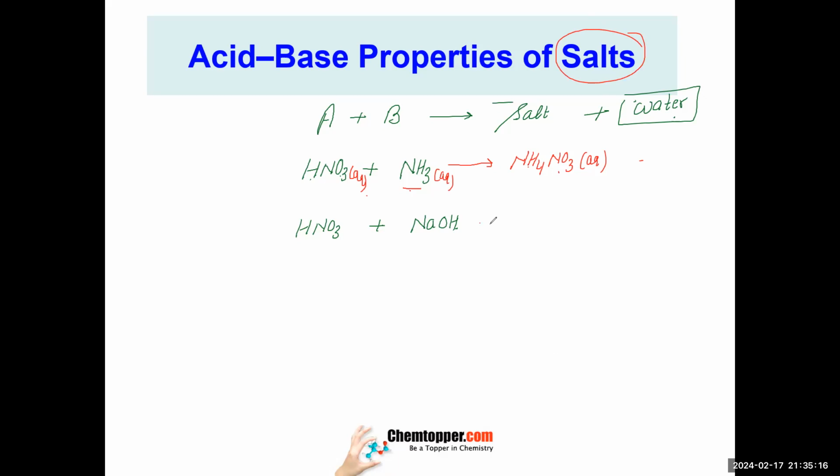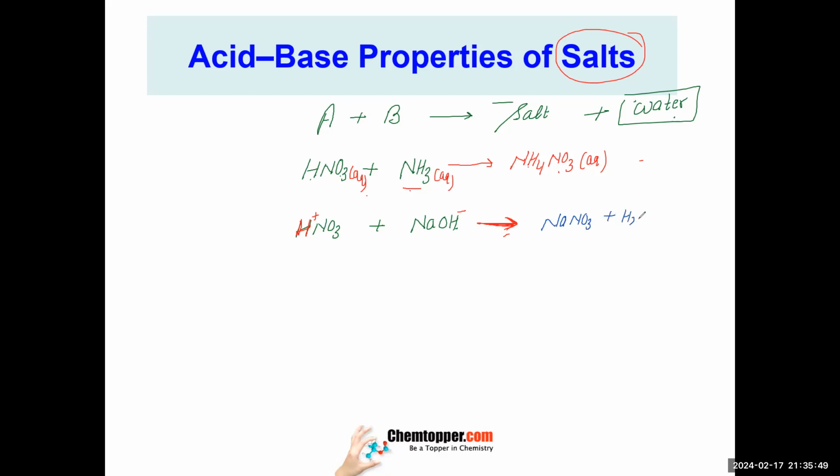Can you complete this equation, children? This one. If I'm using HNO3 acid and a base NaOH, the hydrogen of the acid will react with OH minus to give... Yes, Sanjana, very good. NaNO3 plus water.